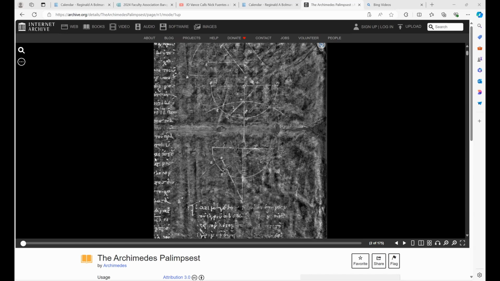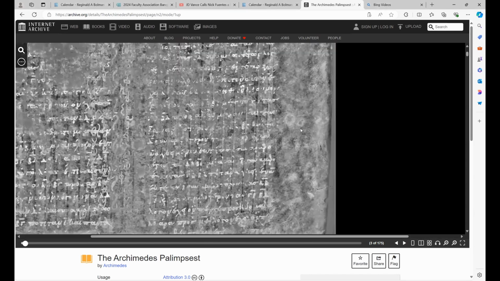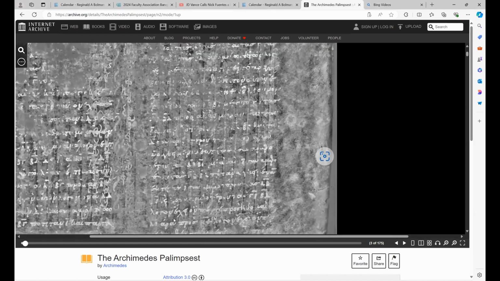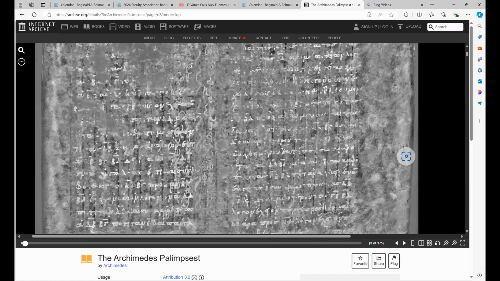So this is the Archimedes palimpsest, which is a scroll that was written on by various scribes. And this particular scroll dates to like 1000 AD or so. But it is a copy of a now lost work from Archimedes, who was a mathematician. And in this particular work, you'll see that back in the day, even though we can't really read Greek, and I'm not expecting you guys to read Greek, you can kind of see that there are little Greek letters here.